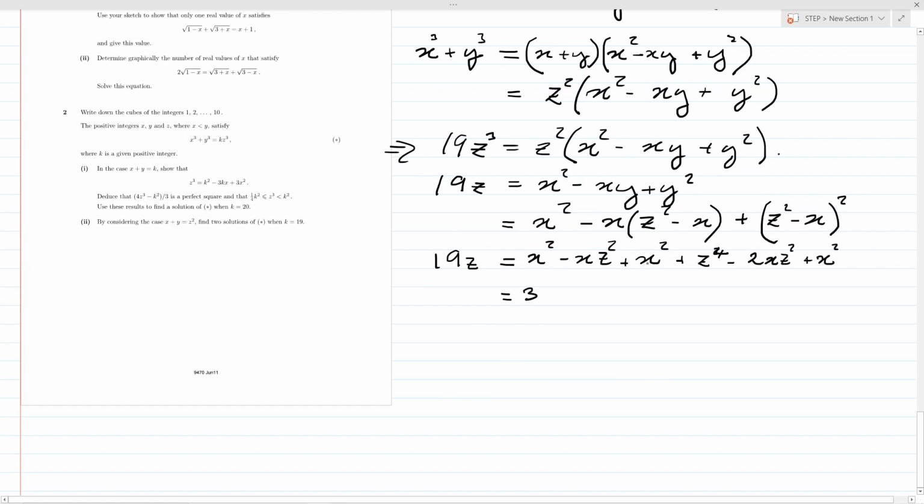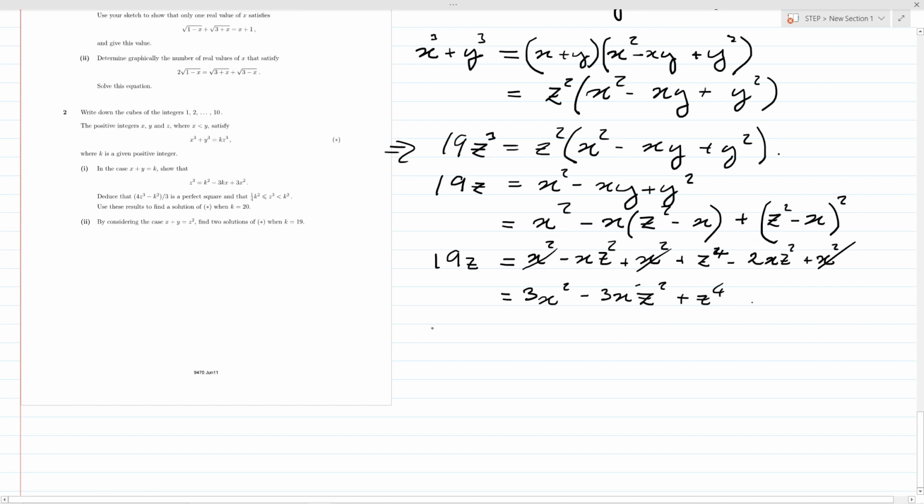So we get 3x squared, because there's an x squared here. I like to put the lines through just to help me only then focus on the rest. So we've got xz squared, and then we've got another 2xz squared here. So we're going to end up with 3xz squared. And then we're going to end up with z to the 4. Now, what do we have here if we think of z being fixed?